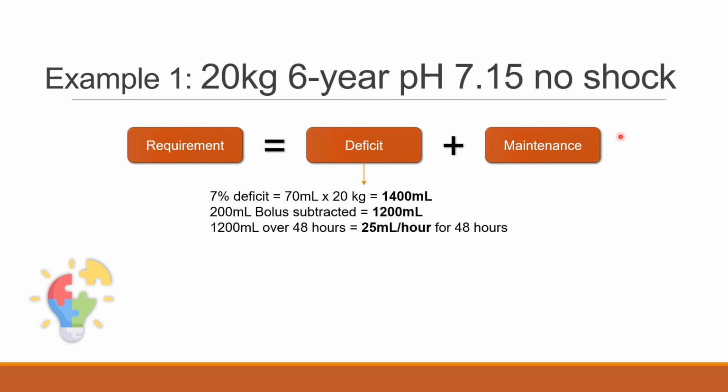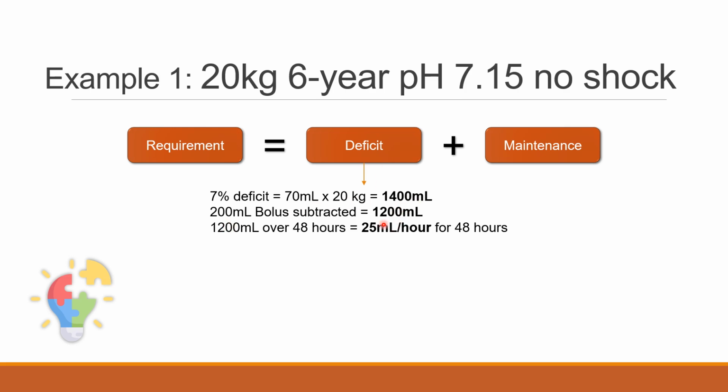But as the patient had no shock, the patient might have received a 10 to 20 ml per kg bolus also in the beginning over 20 to 30 minutes. So suppose we have given a 10 ml per kg bolus, that means 200 ml bolus before. So this bolus has to be subtracted from the deficit calculation. So I have subtracted 200 ml from 1400 ml, that brings me to 1200 ml.